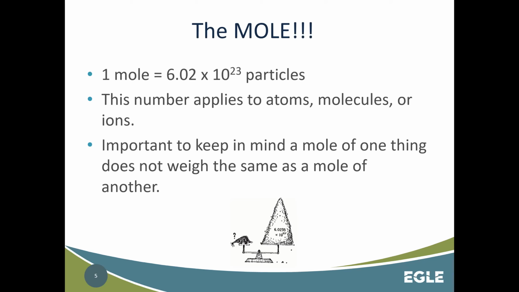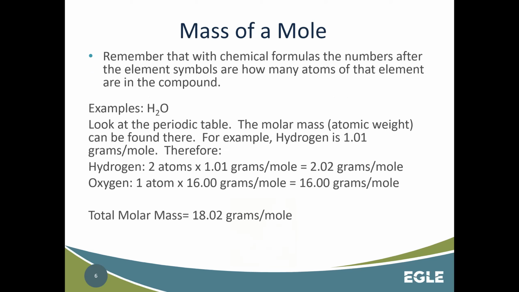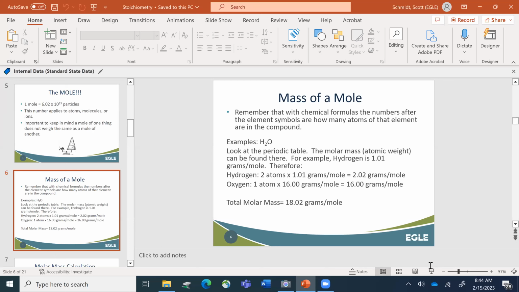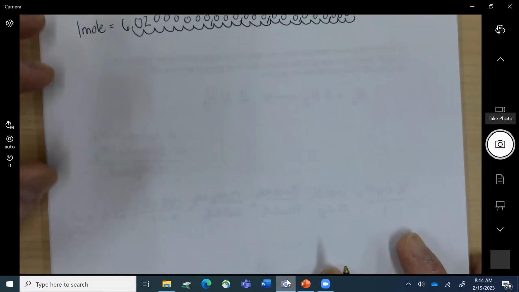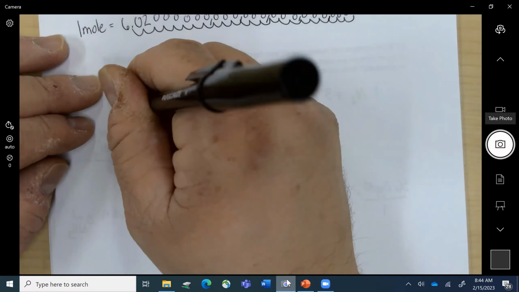Well, how much does a mole actually weigh of something? We sort of talked about this. Last week we did molecular mass, but what we were truly doing was molar mass. If you recall with water, how much does water weigh?